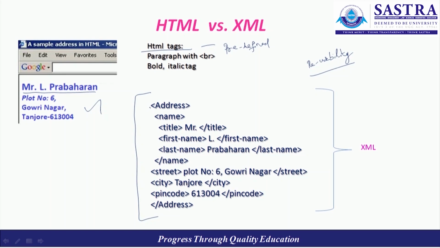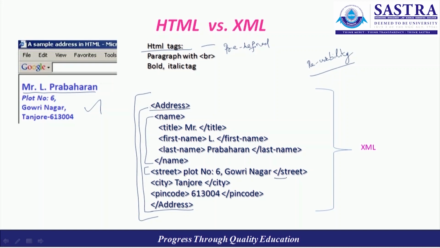Look at here. This is opening tag. This is closing tag. In between opening and closing tag, I have written name. This is first child element, and street, second child element.